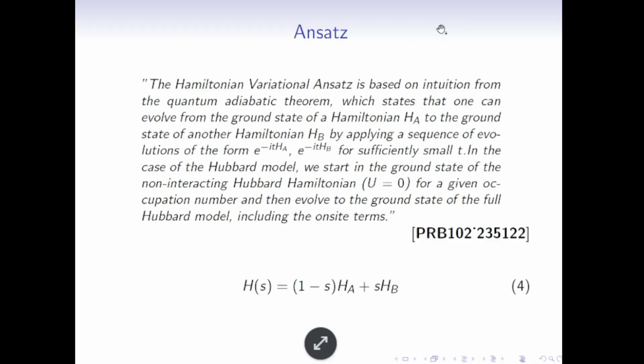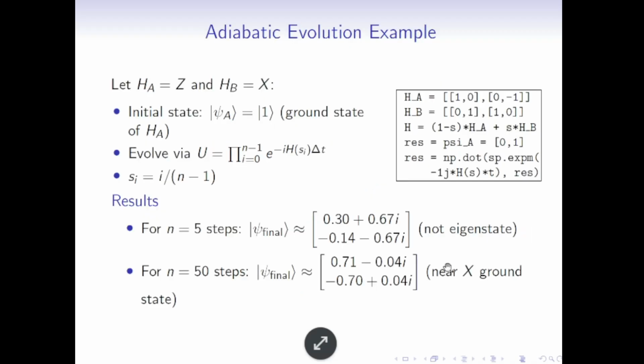If you remember, 0 was on top, you are on the top of the Bloch sphere, and then you go to one of the axes, which is the Y axis, which has the eigenstates (0 plus 1) by root 2, (0 minus 1) by root 2. So you can go from the eigenstate of Z to that of Y by adiabatic evolution.